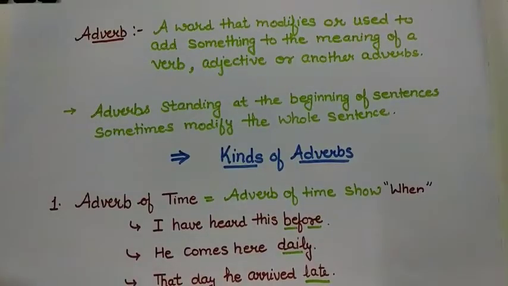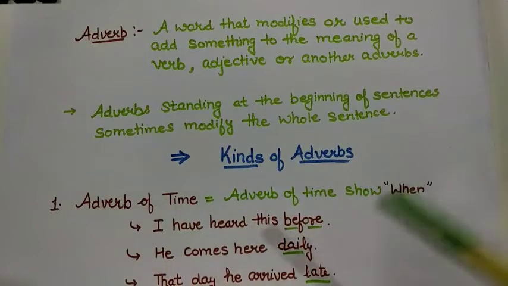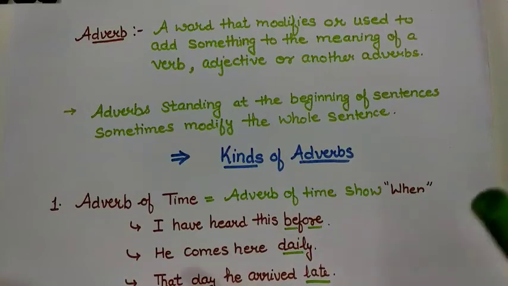So, from these sentences, we can say that an adverb is a word that modifies or is used to add something to the meaning of a verb, adjective, or another adverb. Words like quickly, very, quite are playing the role of adverb in the examples.